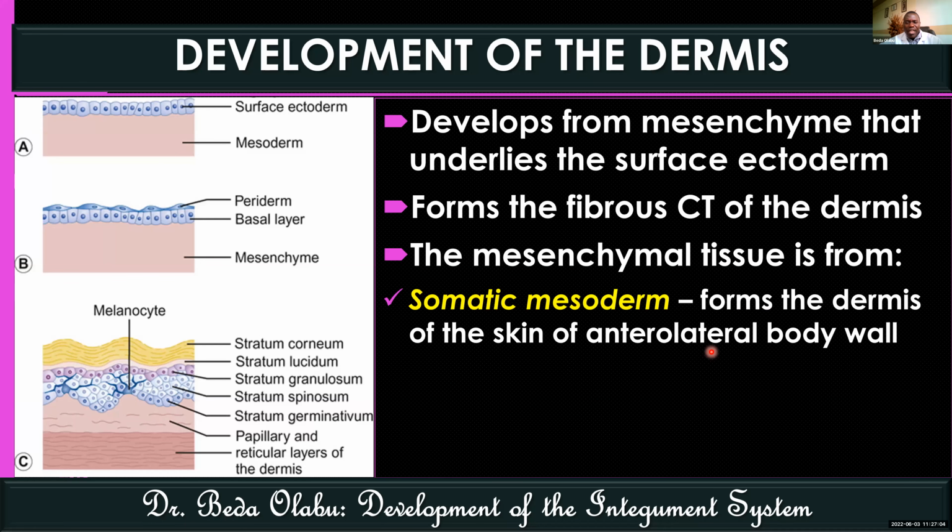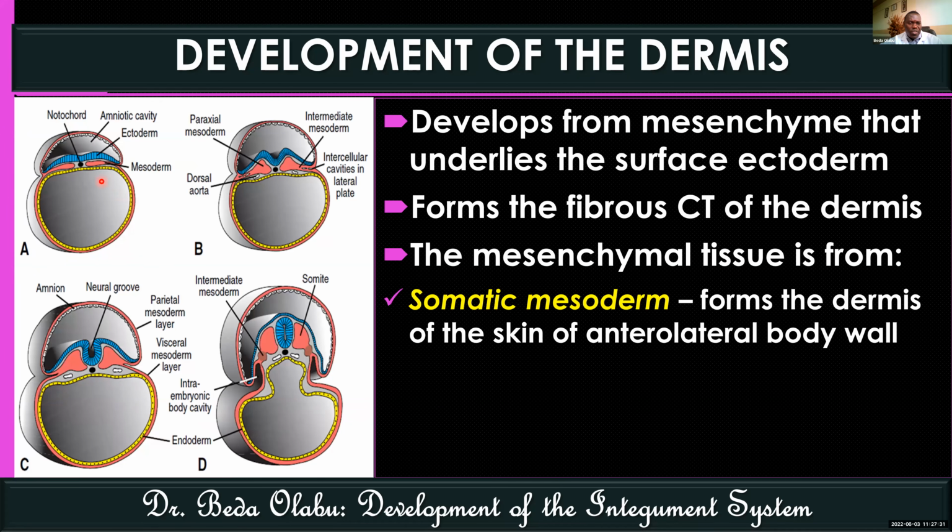So anterior and lateral body wall dermis will come from mesenchyme of somatic mesoderm origin. That would also extend to involve the dermis of the skin in the limbs, which will also come from this particular mesoderm.